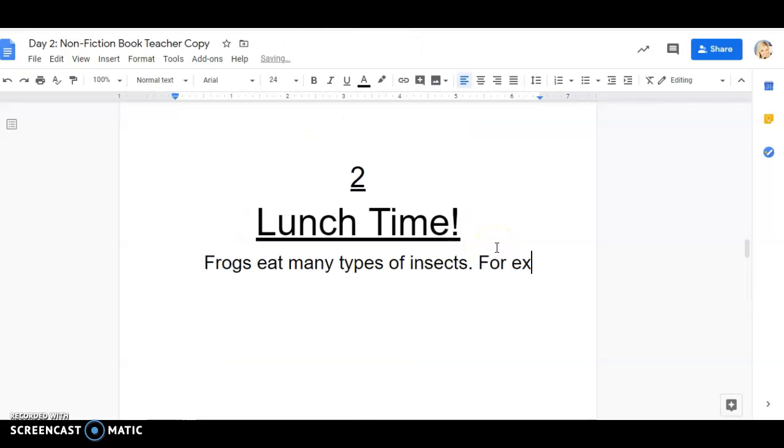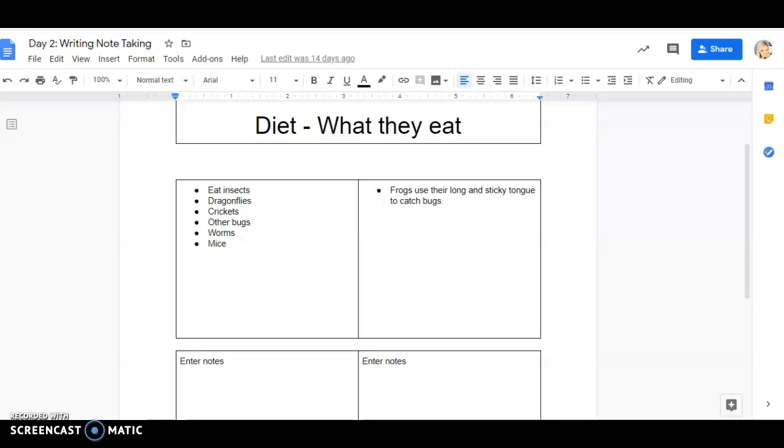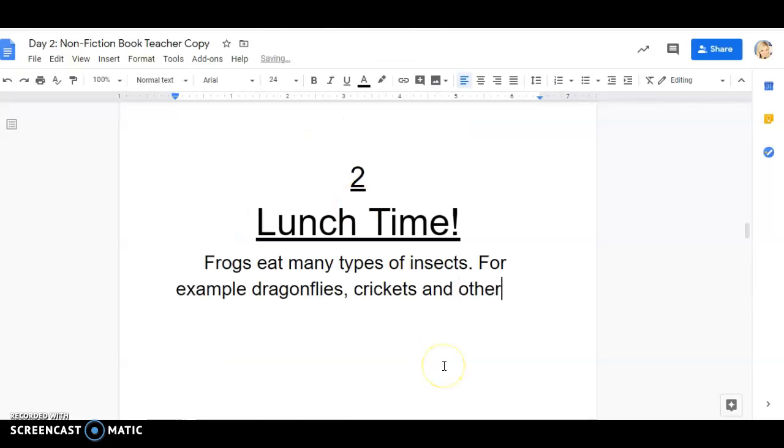For example, dragonflies, crickets, and other types of bugs, period. Frogs even eat worms.